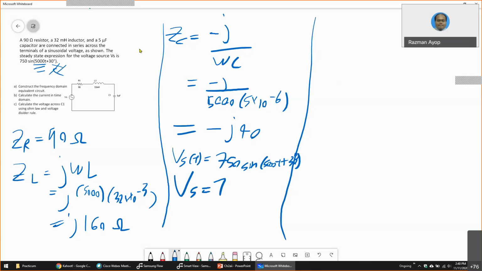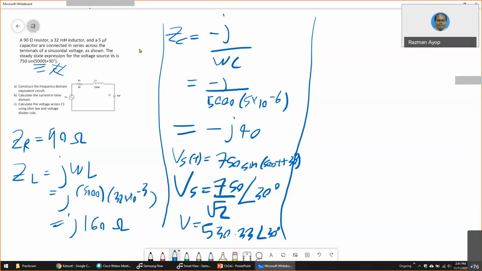Vs equals 750 divided by square root 2, and the angle is 30 degrees. Use your calculator, 750 divided by square root 2, and you get 530.33 angle 30 degrees.